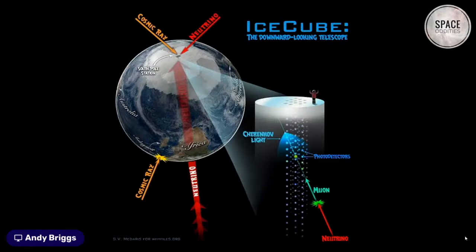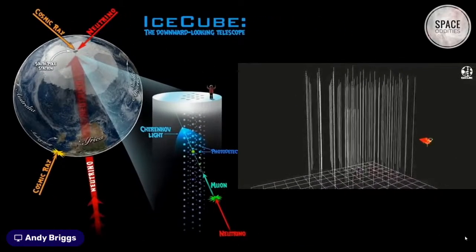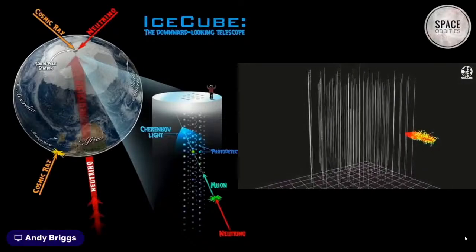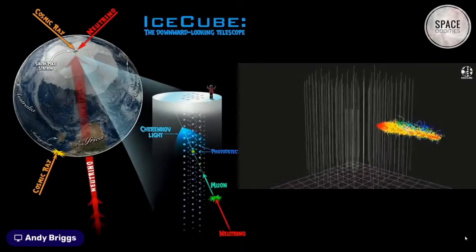So they've spent a long time working out exactly where these neutrinos are coming from. They come from all directions, of course, but a lot of them come straight through the Earth to the detector at the South Pole. And in actual fact, here's an example of a muon passing through the detector. As it passes through, you will see the blue lines.